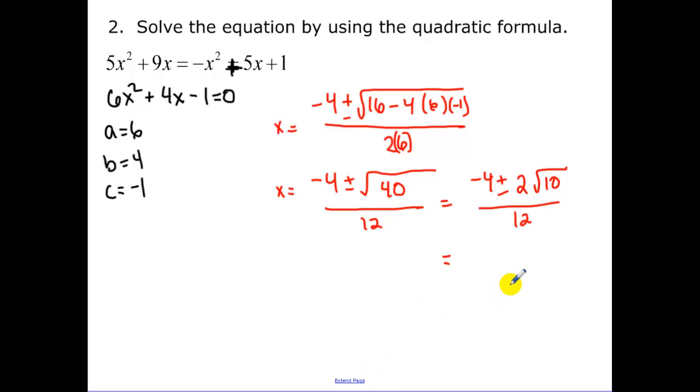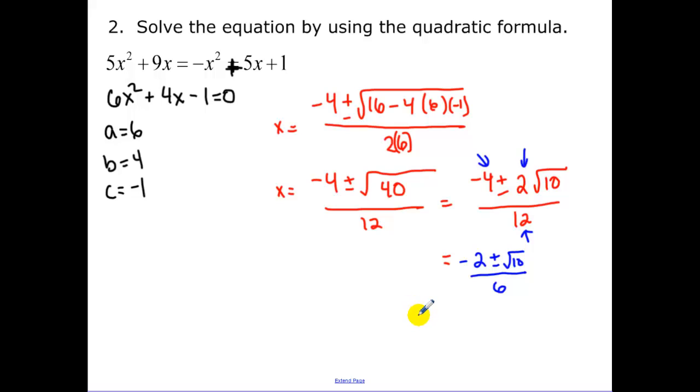Now, what is the largest number that goes into all three numbers, the 12, the 2, and the -4? 2 goes into each one of those, so I have a -2 plus or minus root 10, I didn't change that root 10, all over 6.